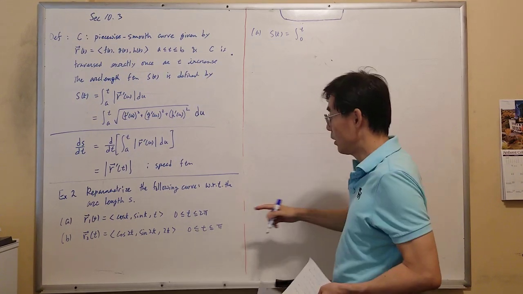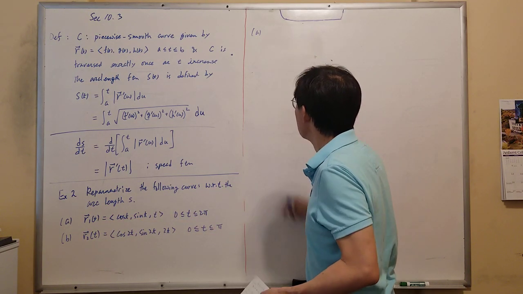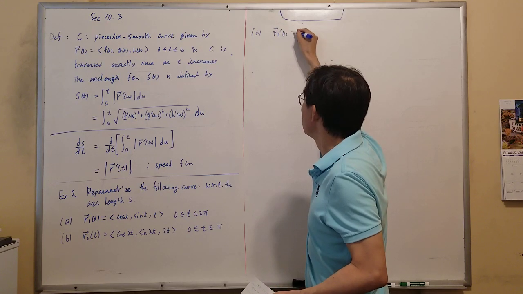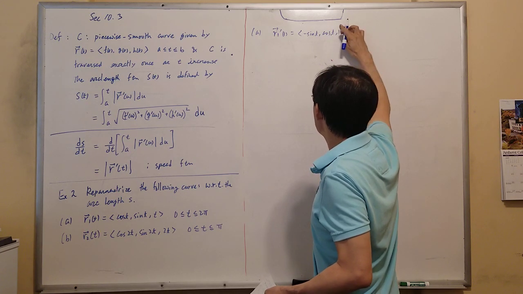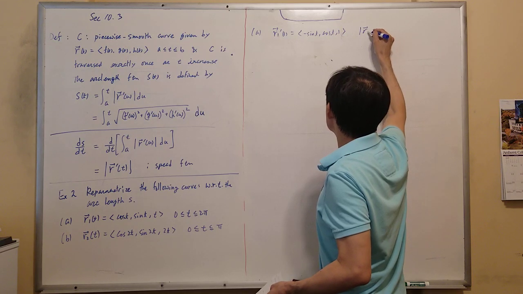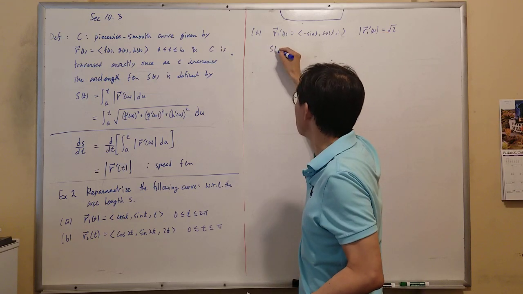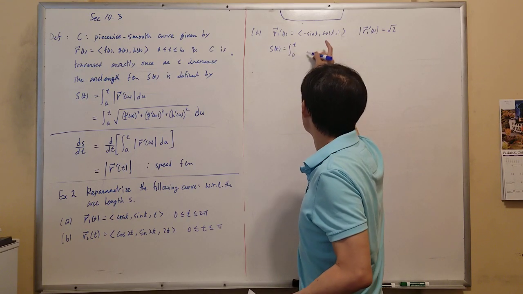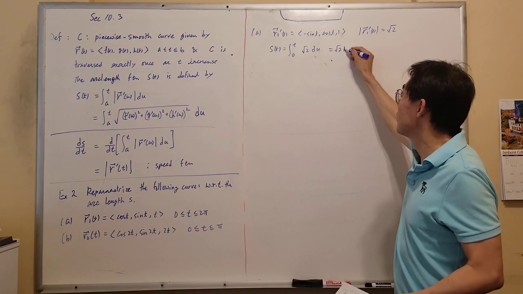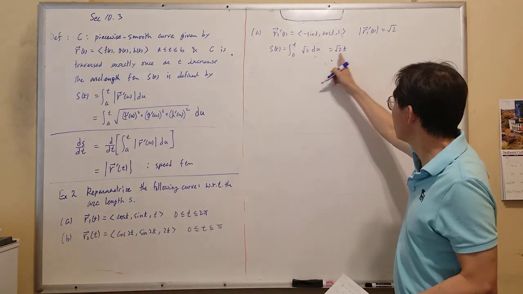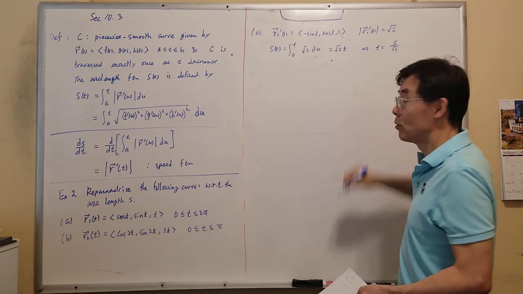Now for R1, we learned that R prime of t equals minus sine t, cosine t, 1. So its magnitude, the speed function, is square root of 2. So your s of t is the integral from 0 to t of square root of 2 du, so square root of 2 t. s equals this. From there, t equals s over square root of 2.